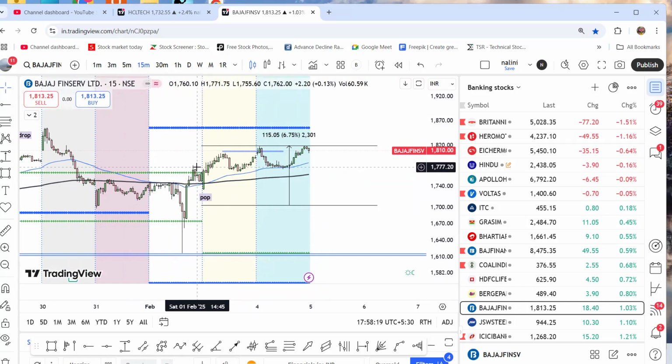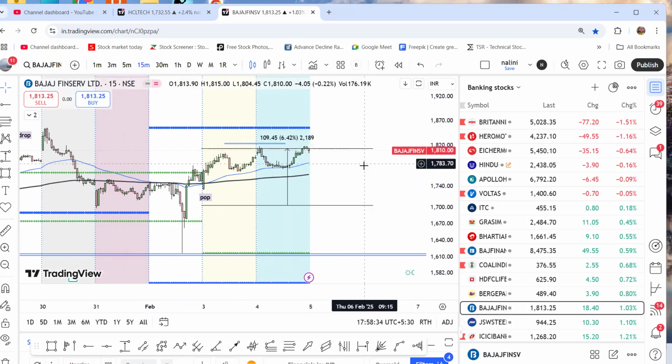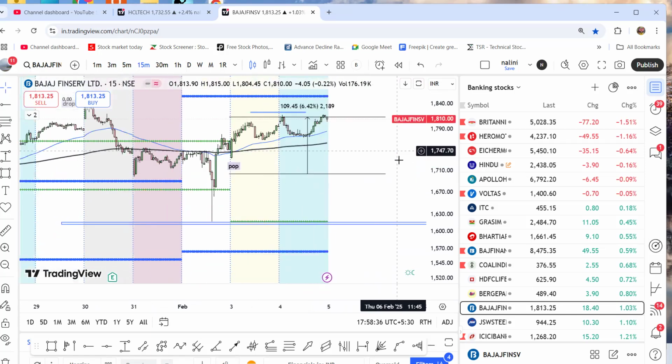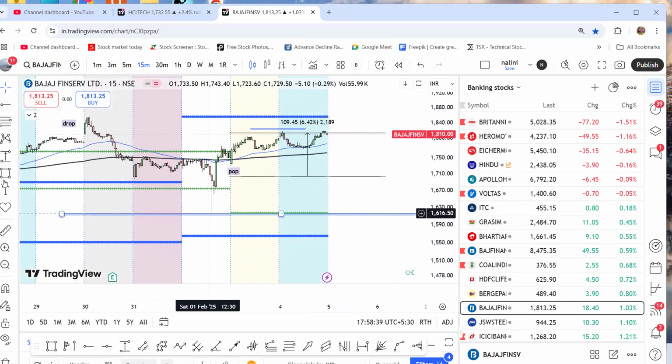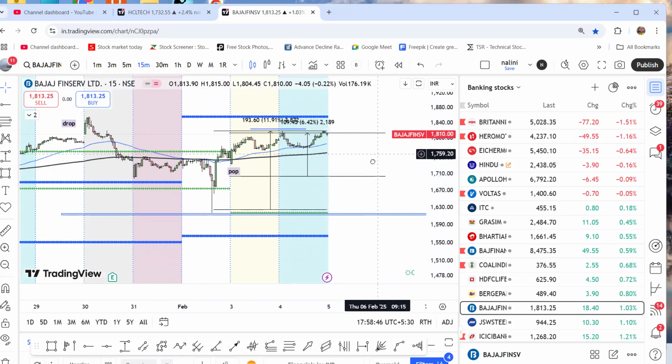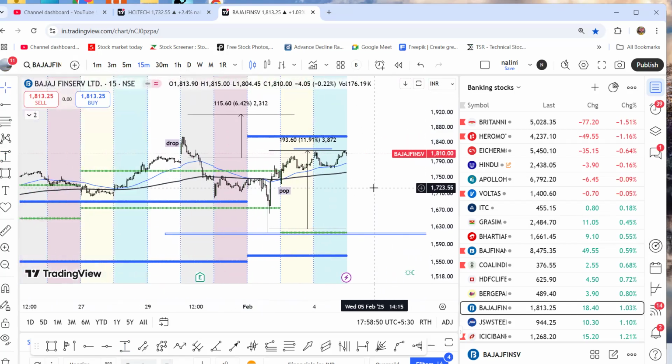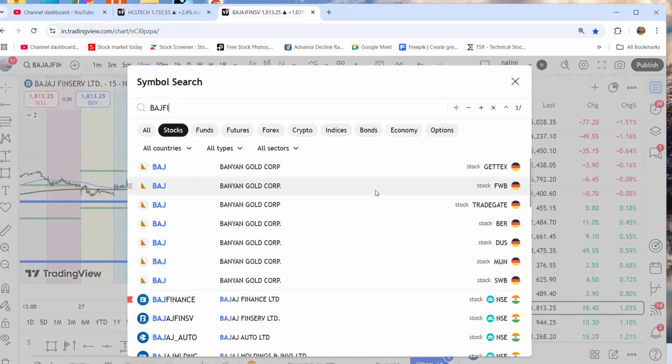It did not take time at all. It climbed above the 50 period moving average, and Monday and Tuesday there is no momentum, so momentum is a little bit subdued. From the day here, you have got almost 11% in this stock. Like this, Bajaj Finance, you got more than that.